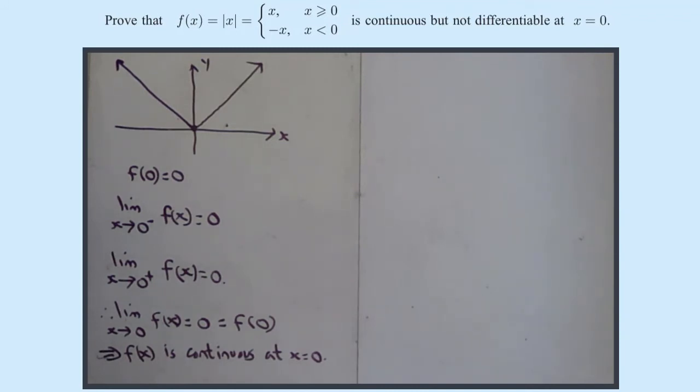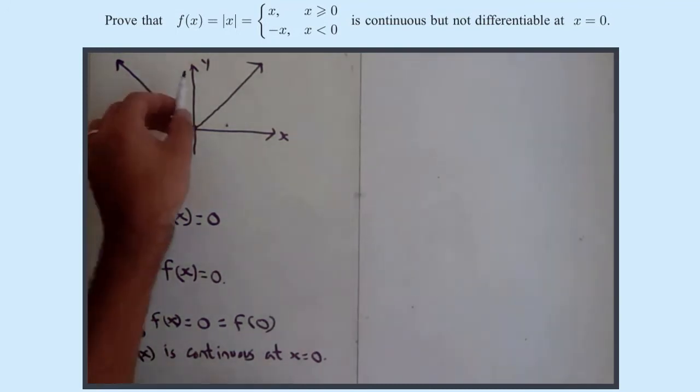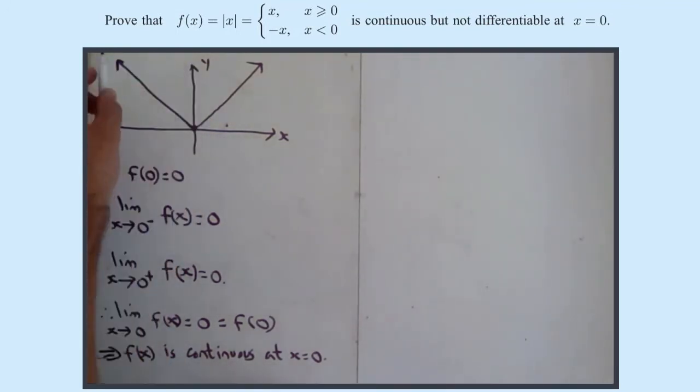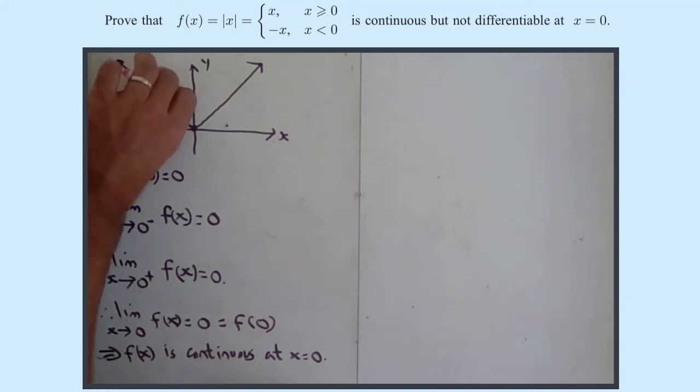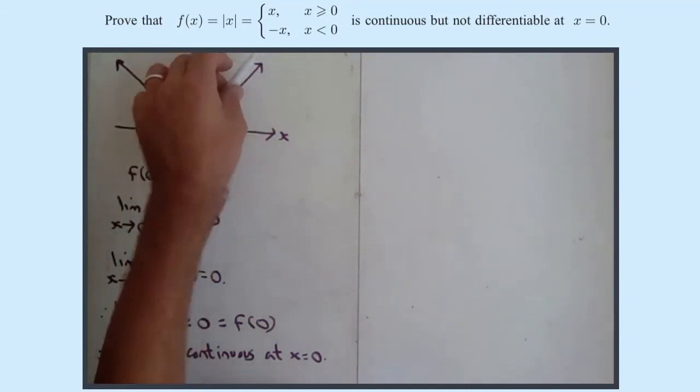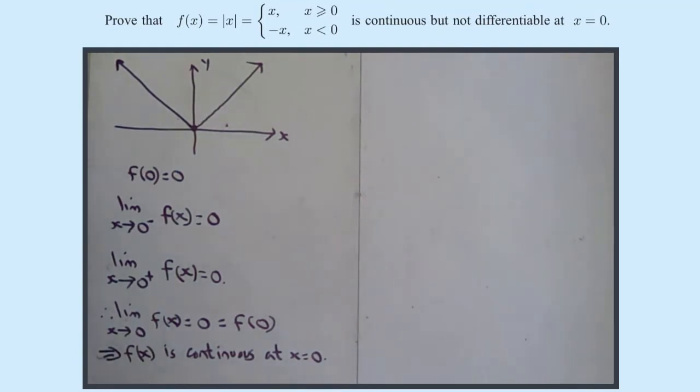It's a very simple function, and we can quite clearly see from this side of the y-axis, when x is negative and approaching 0, all the way along this line f dashed x is minus 1. From the other side, f dashed x is 1. It's a very, very simple function.